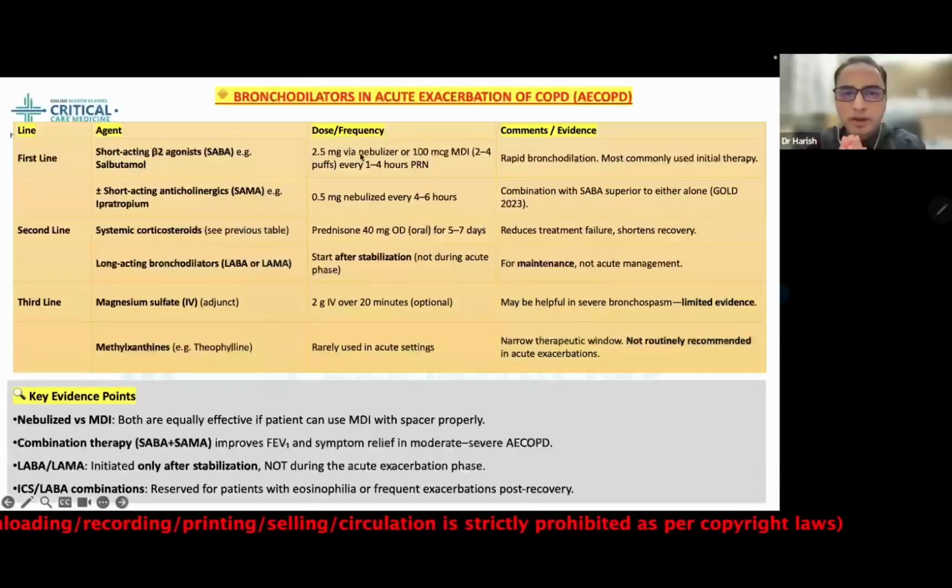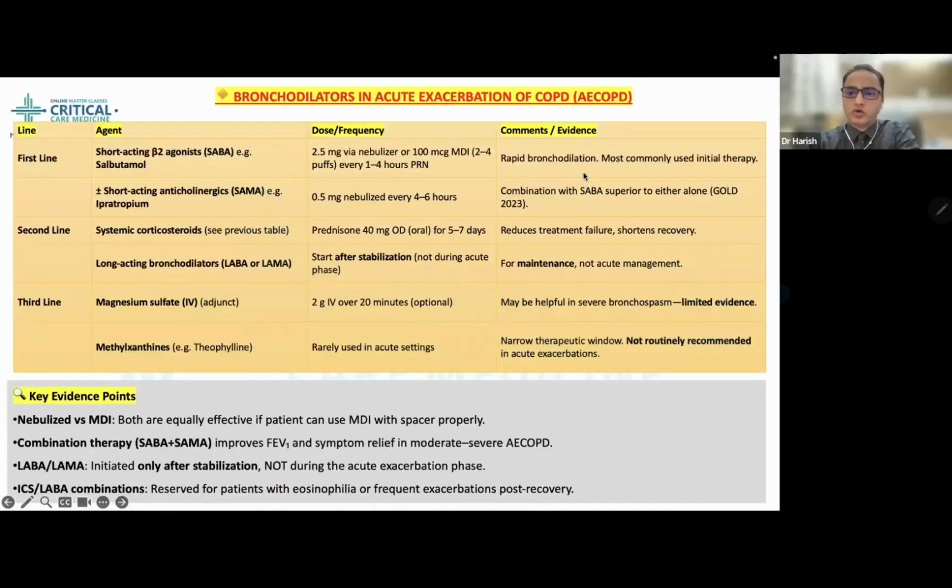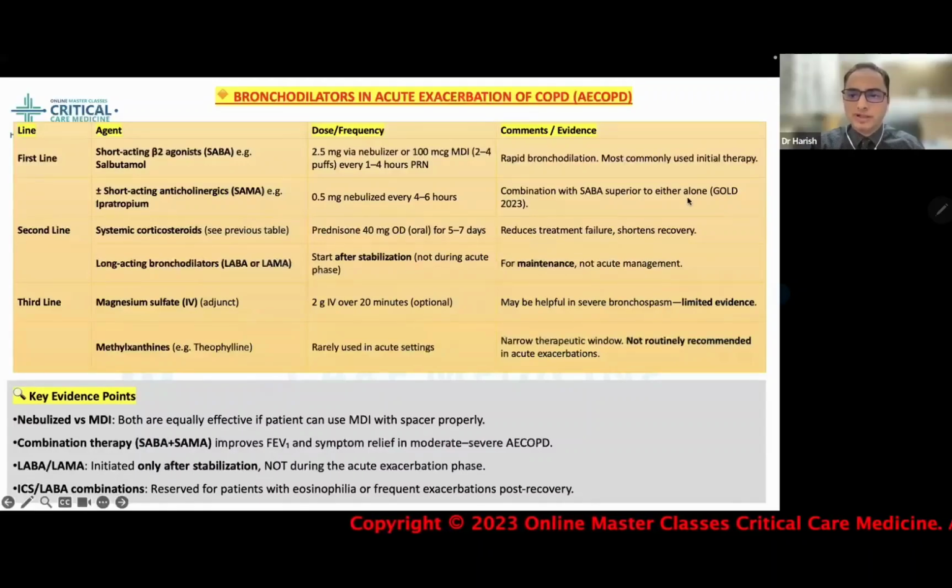Usually we can give 2.5 milligram via nebulizer or 100 mcg via metered dose inhaler, 2 to 4 puffs every 1 to 4 hours depending upon the need, which helps in rapid bronchodilation and is the most commonly used initial therapy. Plus or minus, we can go for short acting anticholinergics, that is the muscarinic antagonist ipratropium, 0.5 milligram nebulizer every 4 to 6 hourly, which in combination with SABA is superior to either alone. That is a GOLD 2023 recommendation.